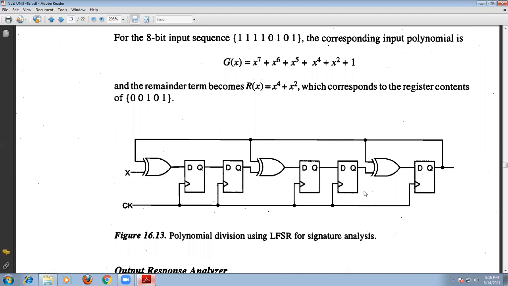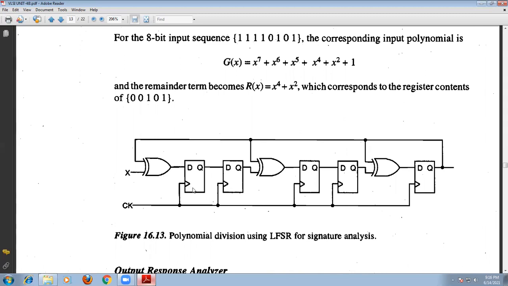So this is the simple signature analysis register. Just observe the different latches you are using here. By seeing the symbol, we can say that these latches are edge triggered.